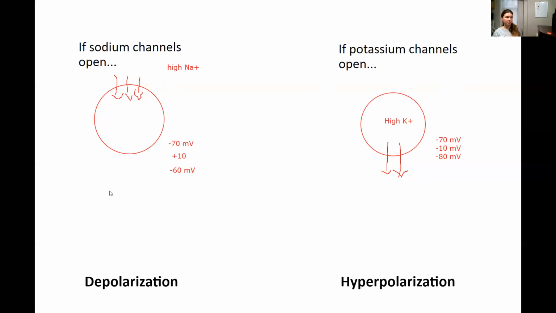So after we get ourselves close to zero, we're then going to pull ourselves back down to -70. And we'll look at the action potential in all sorts of different ways. So keep this in mind, but you don't have to have it totally solid yet. But we'll see that our repolarization is also caused by the potassium channels as we're pulling ourselves down.